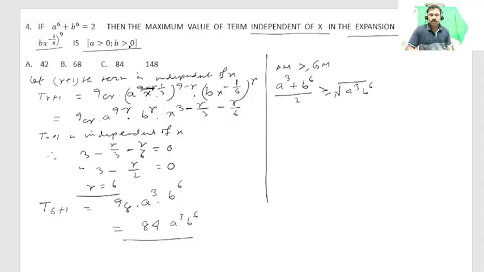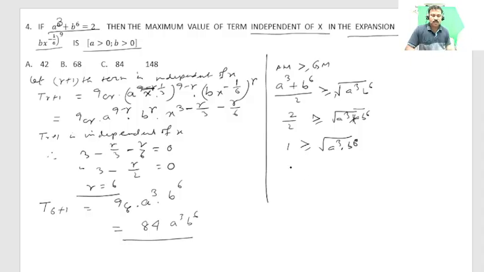We have given the value a cube b to the power 6, here should be cube, that is equals to 2, that is 2 by 2 greater or equals to square root of a cube b to the power 6 here. So 1 greater or equals to a cube b to the power 6.